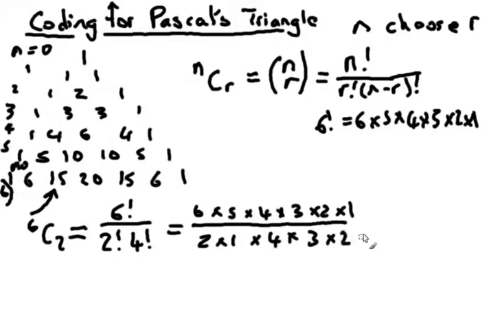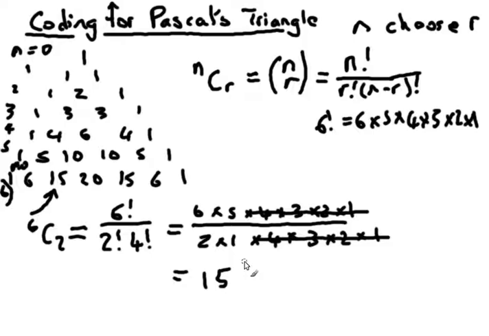Normally I wouldn't write down this intermediate step because that's always going to cancel with that. In other words, you're always going to get rid of the highest factorial on the bottom by just writing the top without a factorial on it. And then we've got 6 times 5 over 2 times 1, which is 15, just as we said it would be. So that codes Pascal's triangle for you.